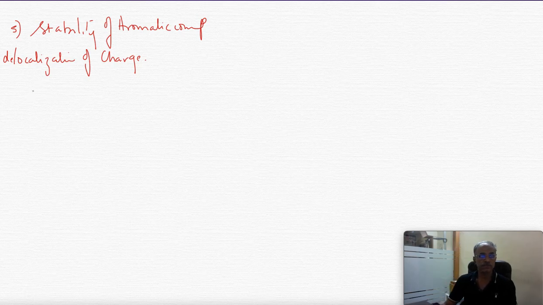First of all, suppose this, and this is minus. Fine. So I will write the resonating structure. This will go here, then this will go here.